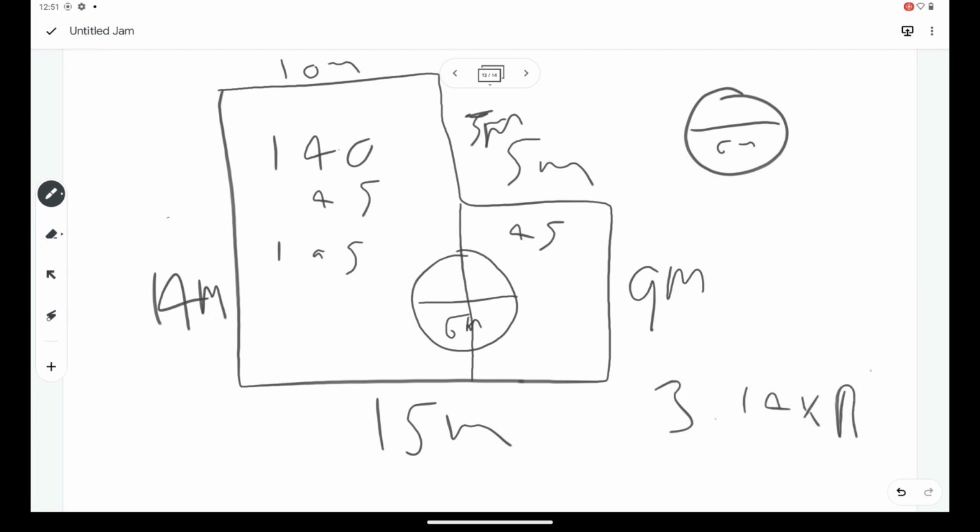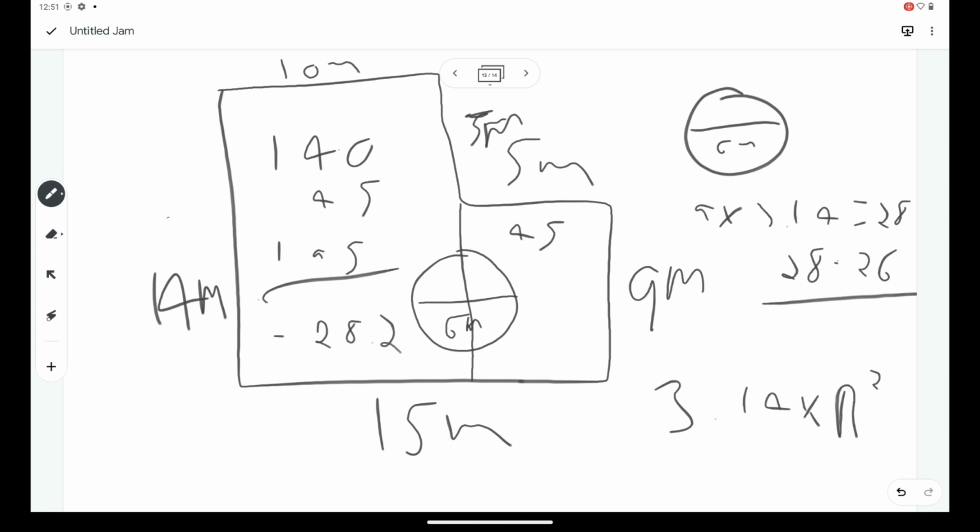It has a diameter of 6, so pi, which is 3.14, times radius squared. Now the radius will be 3, so 3 times 3 is 9, and then 9 times 3.14 is 28.26.